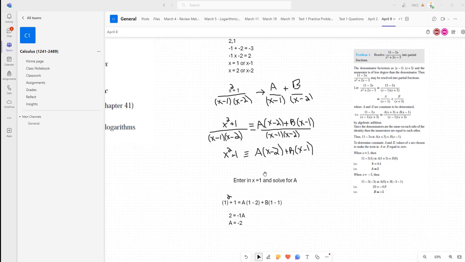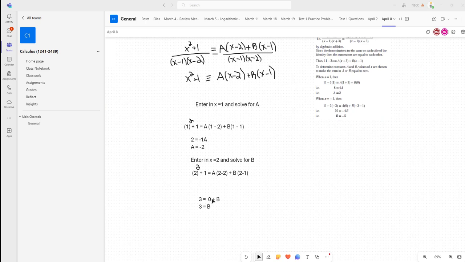And I'll write out the second equation, and I'll solve that now. Okay, so moving along here, we enter x equals 2 and solve for b. If I put 2 into our equation, we have 2 squared plus 1.